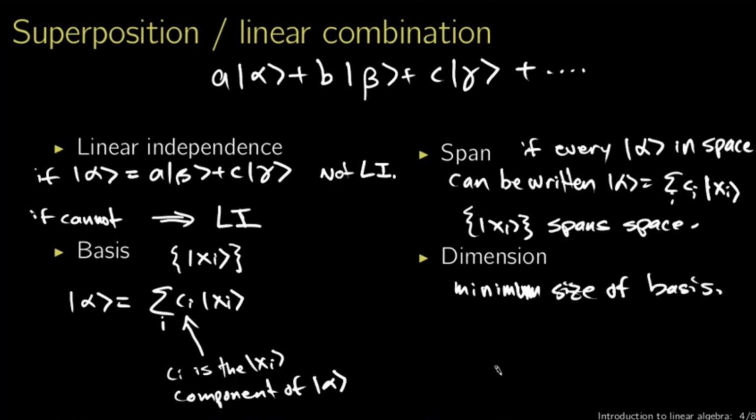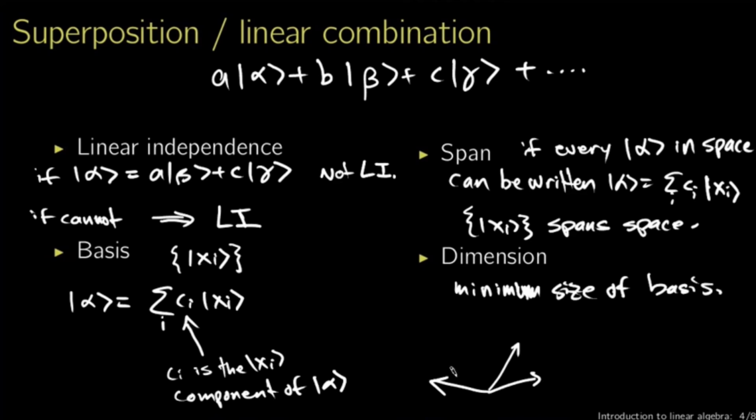So if I have, say, in 2 dimensions, in the plane of this sheet of paper, a vector that points in that direction, and a vector that points in that direction, and a vector that points in that direction, all in the plane of the screen here, I have 3 vectors, but they are not linearly independent, since I could construct this vector from a combination of these 2 vectors, or in any other order. Any of these vectors can be constructed by a superposition, by a linear combination of the other 2.